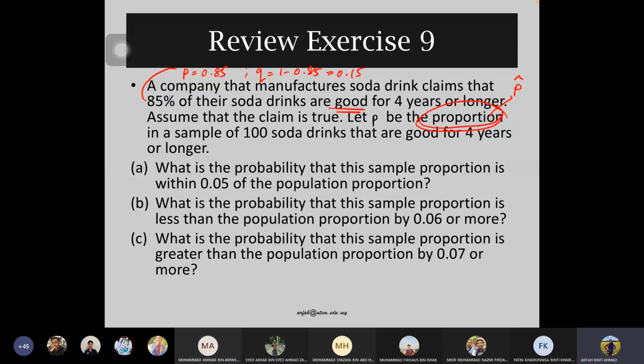Okay. And N sama dengan 100. Okay. So what is the probability that this sample proportion is within 0.05 of the population proportion? So within 0.05 of the population proportion. Macam mana kita nak tulis yang ini?